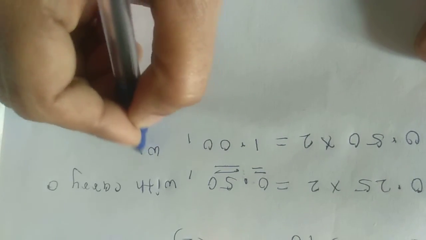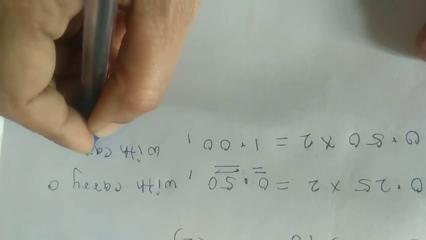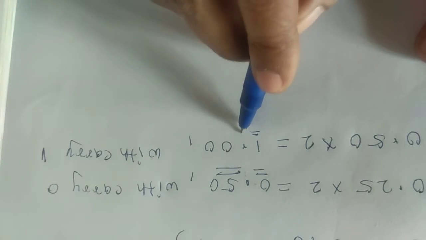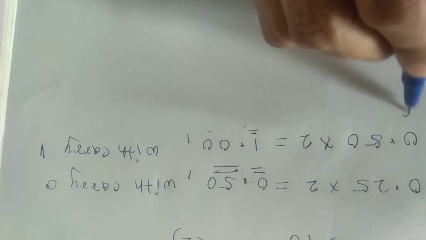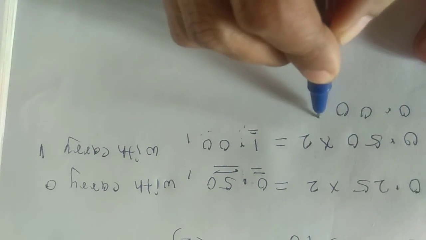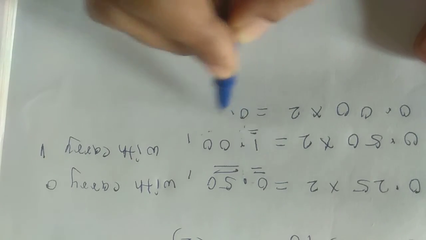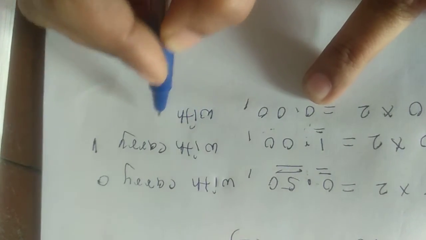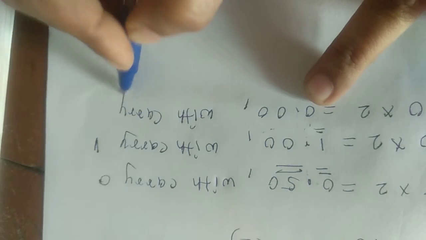0.50 into 2 is 1.00, with carry 1, since the integer part is 1. Again 0.00 is left, and 0.00 into 2 is 0.00. The integer part is with carry 0.